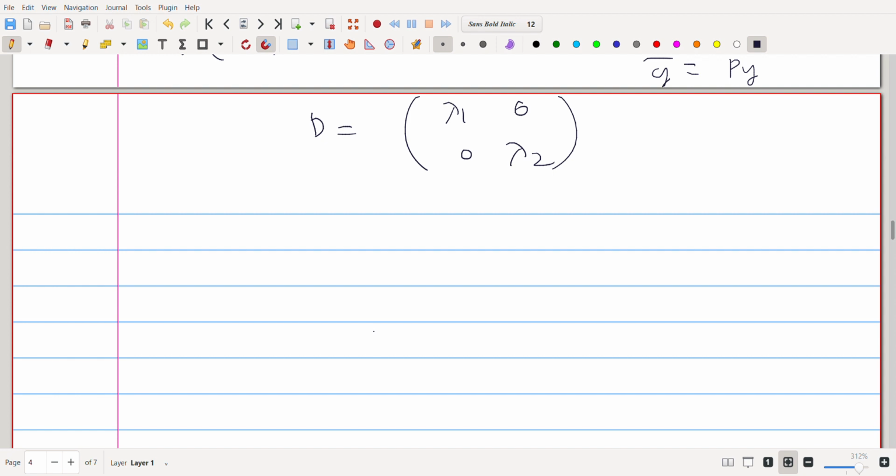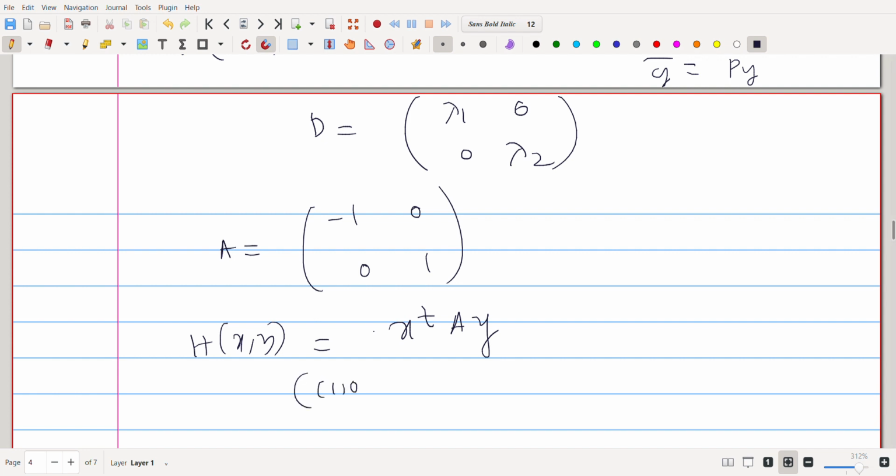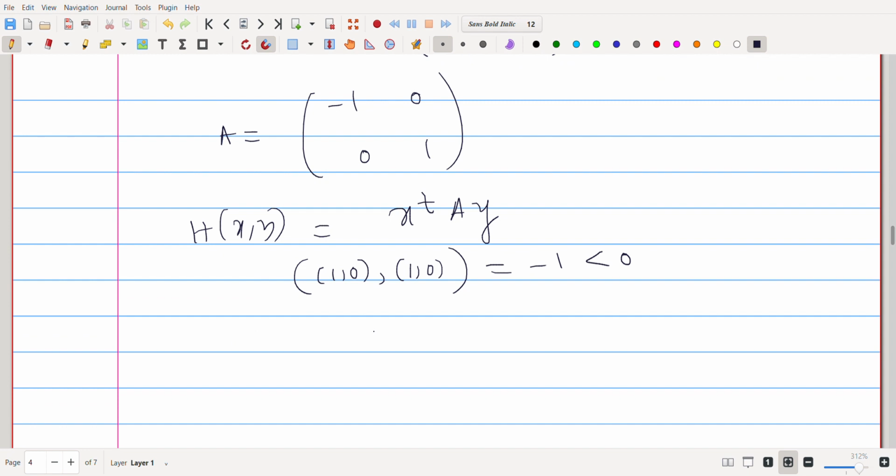So it is saying that A square equals 0. That is not necessarily true. In particular, you can just take A to be minus 1 0 0 1, and define a symmetric bilinear form, say H of x y equals x transpose A y, and clearly you can see that for 1 comma 0, H is minus 1, which is less than 0, and for 0 comma 1, it is 1, greater than 0.